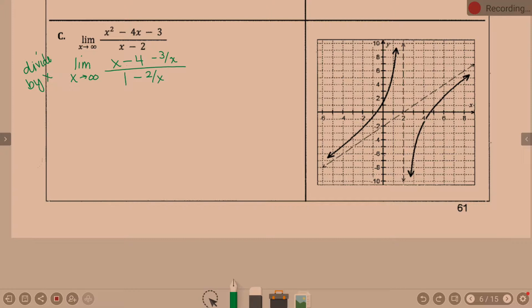Now, with that in mind, what happens when we start plugging values in? As x approaches infinity and you plug it in for x, that is what? Infinity, yes? So if you're at infinity, you take away 4. 3 over x is just going to be 0. So you take away 4, then you're going to divide by 1 minus 0. What are we looking at there?